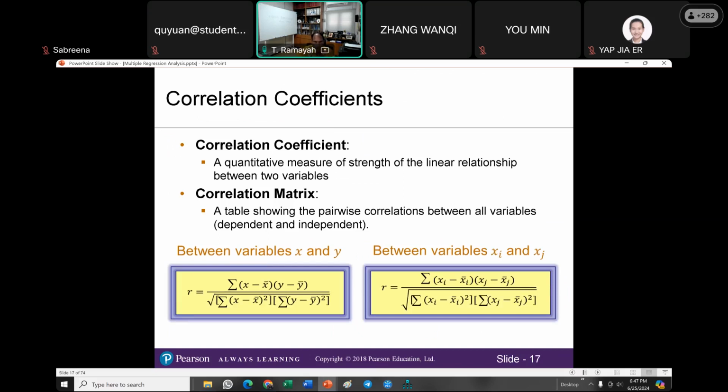What is a correlation coefficient is the strength of relationship between your independent variable 1 and the dependent variable, independent variable 2 and the dependent variable, and also the independent variable 1 and independent variable 2. That is called the matrix of correlation. The formula looks very messy, but you don't have to worry because the software will be able to do that for you. Correlation.